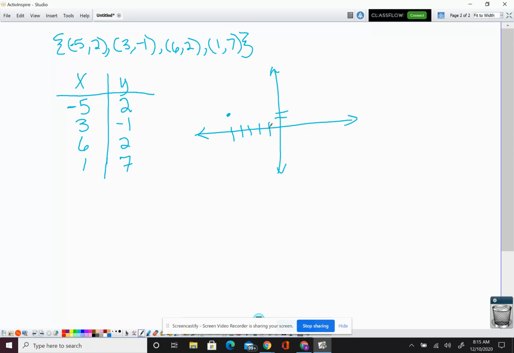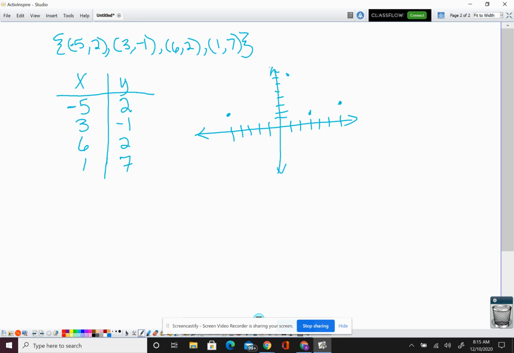So we're at that point. 3, 1 is over here. 6, 2 is right there. And 1, 7 is way up there. So we can take those ordered pairs, make a table, we can put them on a graph.